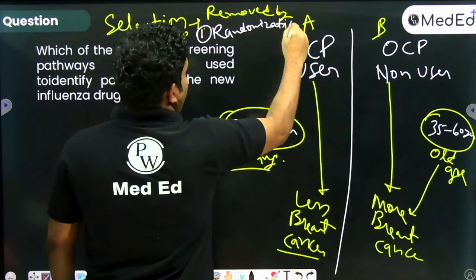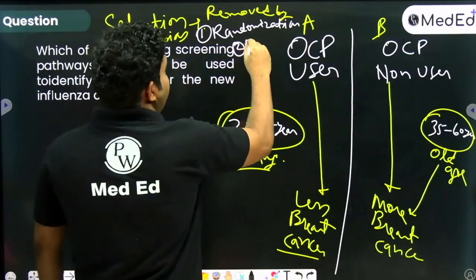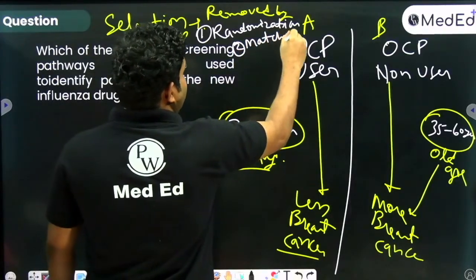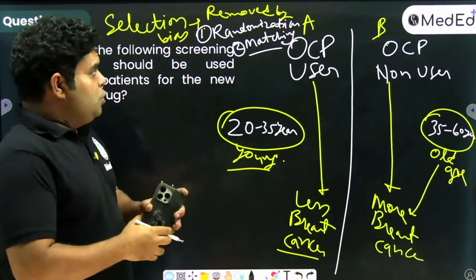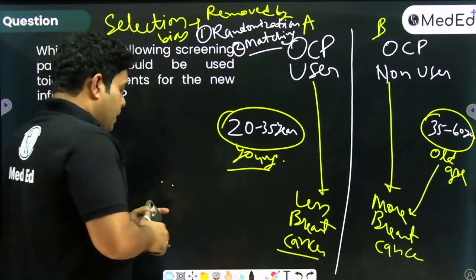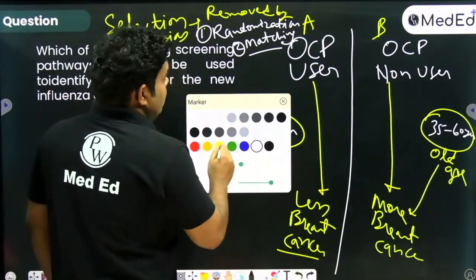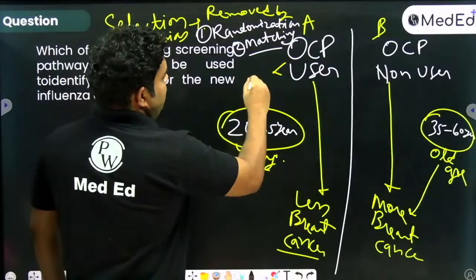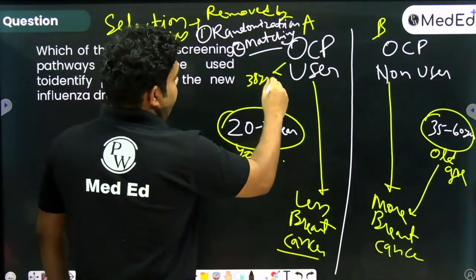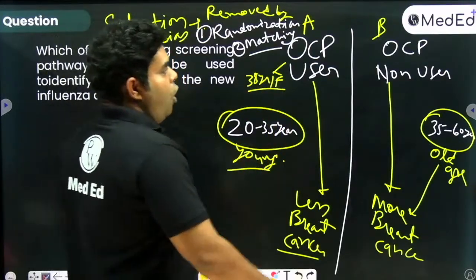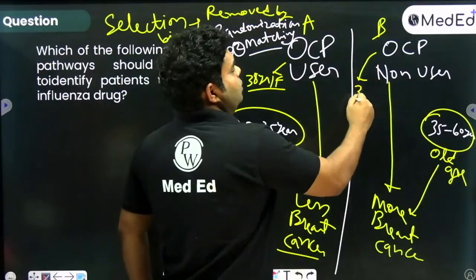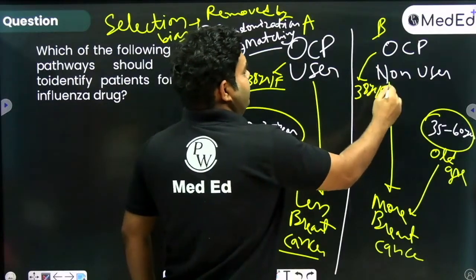The second method of removing selection bias is matching. Matching का क्या मतलब होता है? If you are in the OCP user group, you are giving OCP to a person who is a 38-year-old female. In the non-OCP group also, you will give OCP to a 38-year-old female.